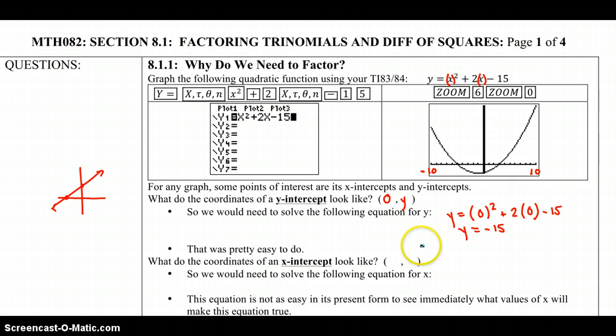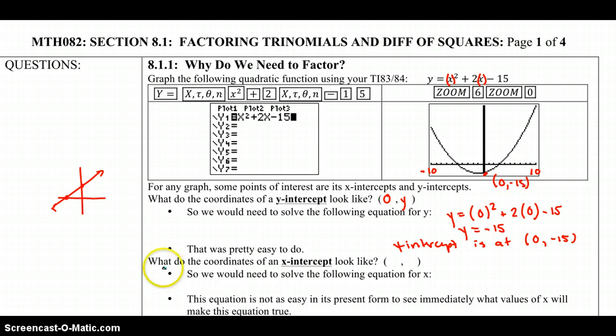If we put together that information, our y-intercept is at the point (0, -15). We plugged in a 0 for x, and for the output we got -15. So down here, that point is at (0, -15).